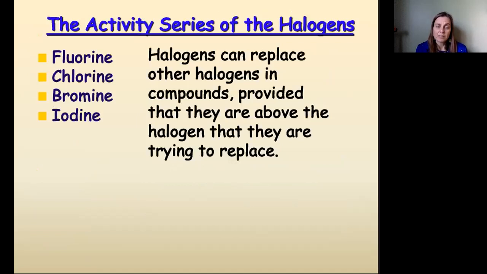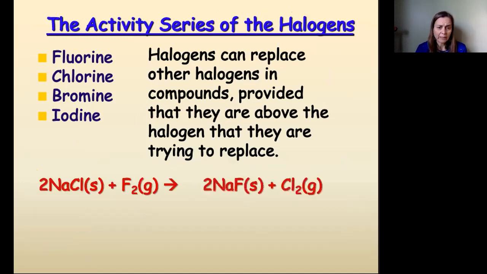With halogens, it's a little bit easier because it's all about their placement on the periodic table. Halogens can replace other halogens in compounds if they're higher than the halogen they're trying to replace. So fluorine will replace chlorine, but bromine won't replace chlorine because bromine is lower on the periodic table. It's less active. In this example, if I have sodium chloride and I introduce fluorine gas, I will get sodium fluoride and chlorine gas.